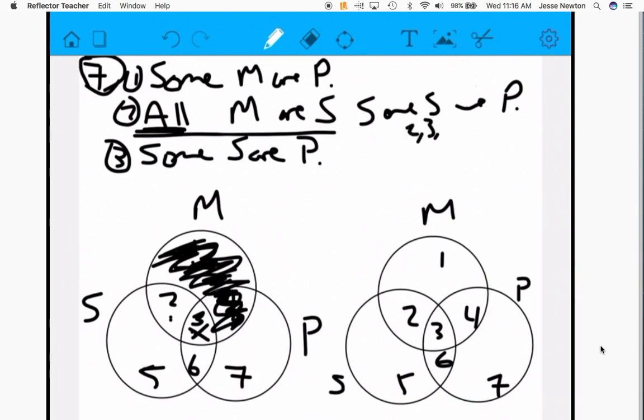And P is 3, 4, 6, and 7. And what we do here is we circle the regions of overlap, which is going to be 3 and 6. We scribble out 4 and 7. We don't care. And what we are saying here is that some S are P, and the S could be in 3 or 6. And the way we show that possibility is we put an X here.